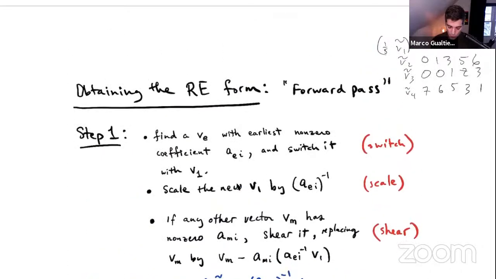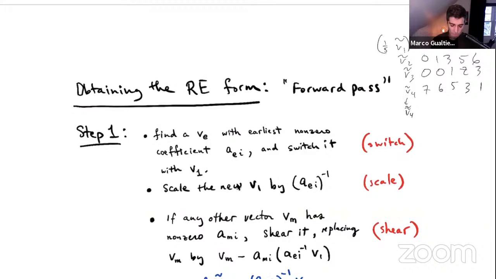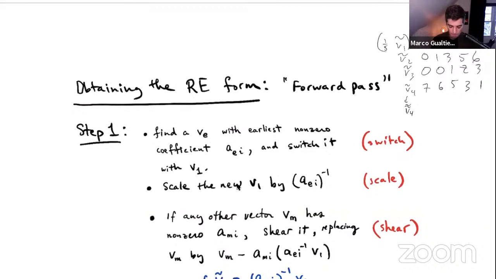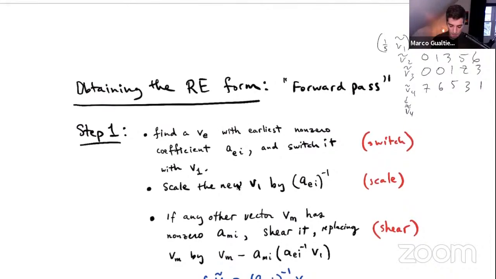And so what we're going to do is replace this row by this row minus 7 times this row. I'm going to do a shear. Normally you don't bother writing tildes. I'm just going to replace V4 tilde with V4 double tilde, which is going to be V4 minus 7 times V1.